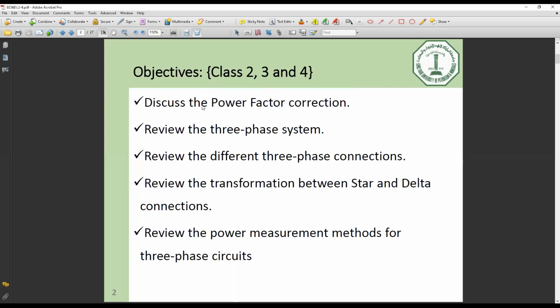We'll review the three-phase systems, the different connections of three-phase, the transformation between the different connections, star and delta or Y and delta, and review the power measurements, how we can measure the power of three-phase systems, either balanced or unbalanced.